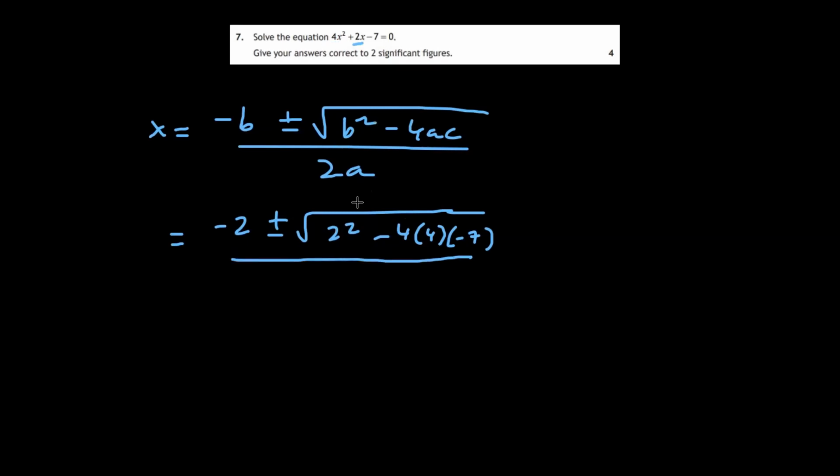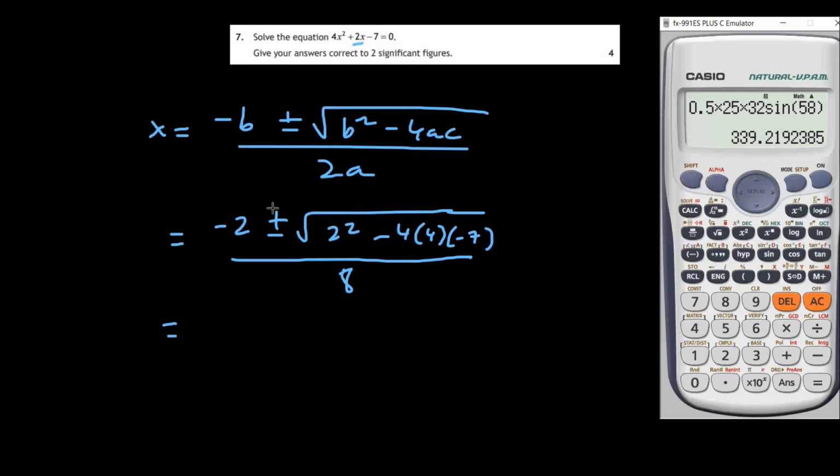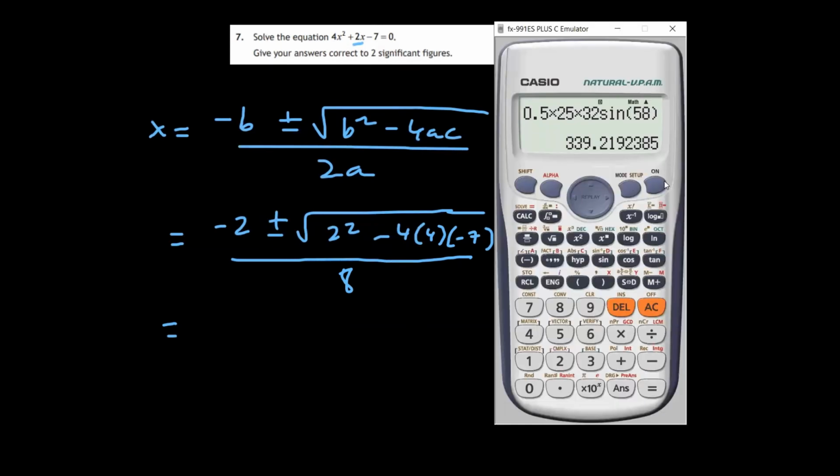So a is 4, so it would just be 8. And then we'll start by taking the plus sign, and then we'll do the minus to get the two solutions. So minus 2 plus root 2 squared minus 4 times 4 times minus 7, divided by 8.